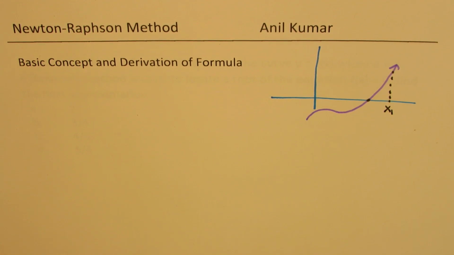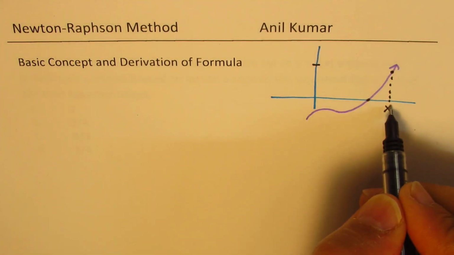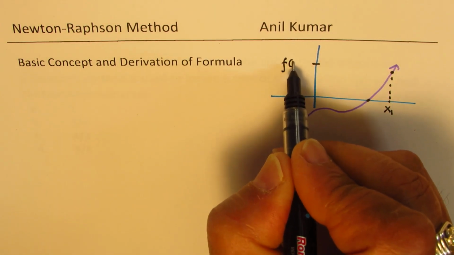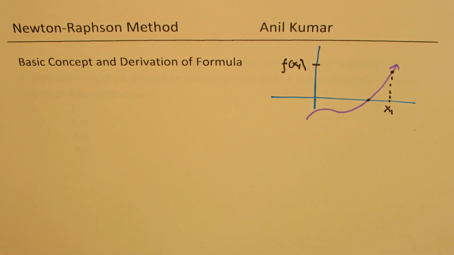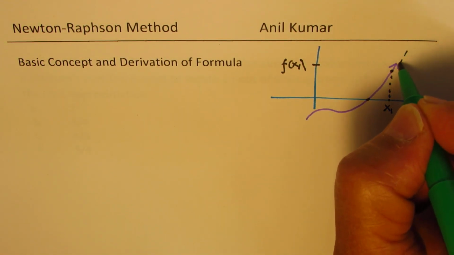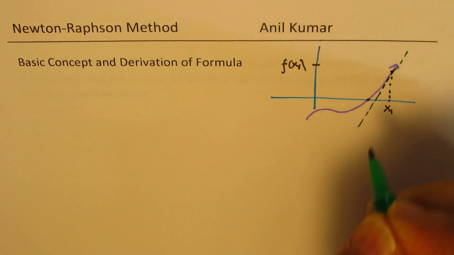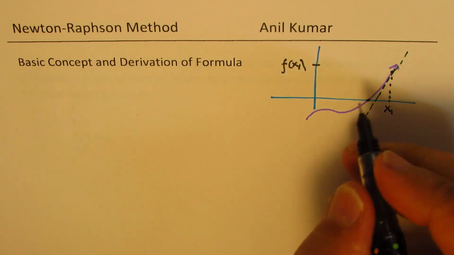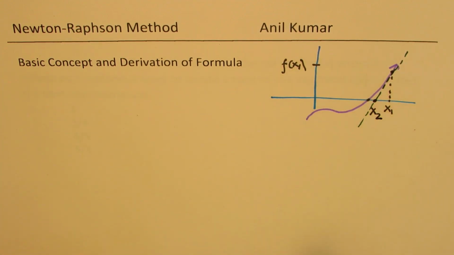Okay, that's what we did. And then we found the value of the function at x1, which we are calling f of x1. And then we found the equation of a tangent line at this point, right? So let me make a tangent line which is kind of like this. And this tangent line gives us the second point, x2. Correct? So this was the process which we discussed just now.